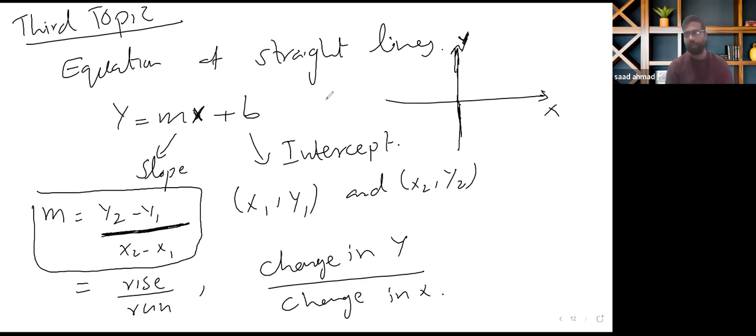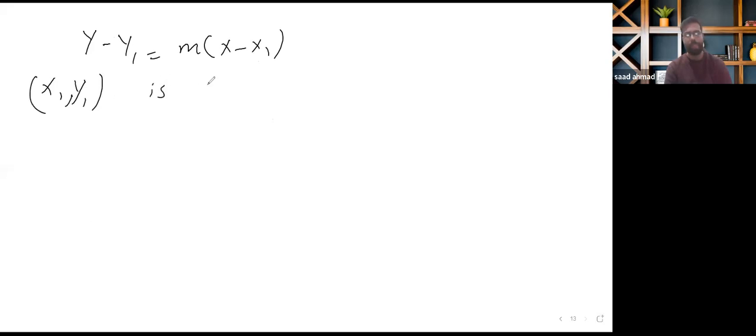So this is one equation for the line, y equals mx plus b. There is another way to write the equation of a line: y minus y1 equals m times x minus x1. Here x1, y1 is a point, and m is the slope.